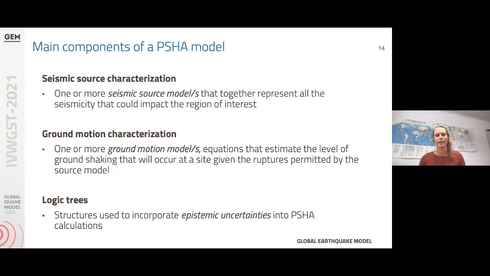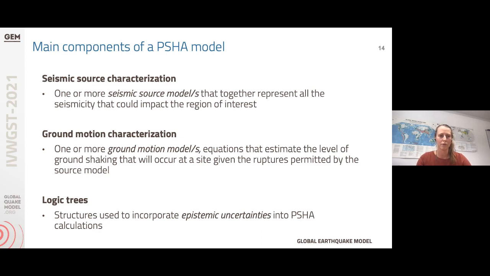So how do we reach these hazard curves? We'll go through each of the main components of a PSHA model, which includes three main categories. There's the seismic source characterization, which includes one or more source models that independently represent all of the seismicity that could impact the region of interest.